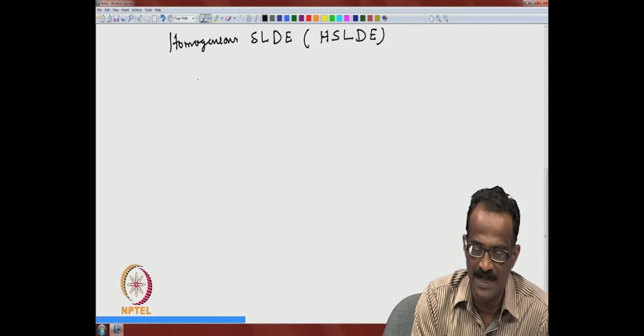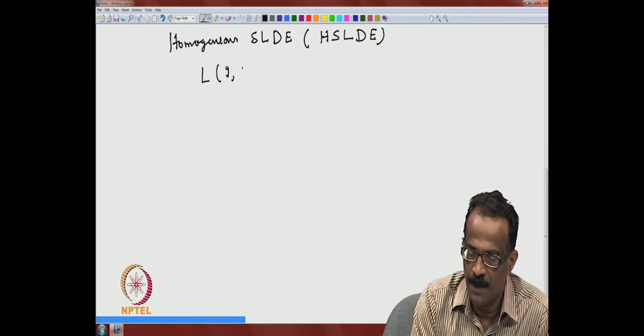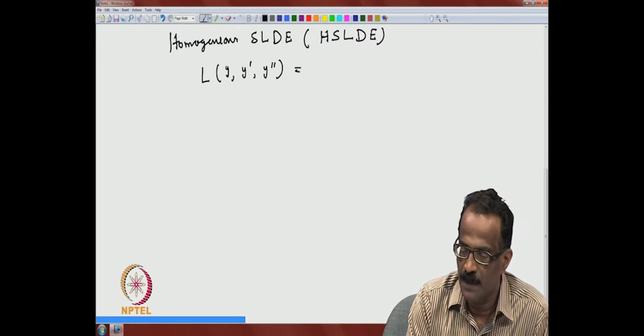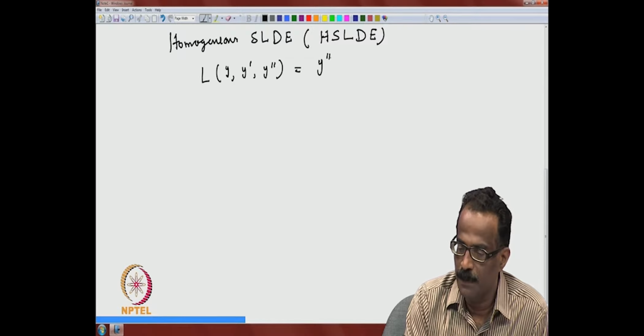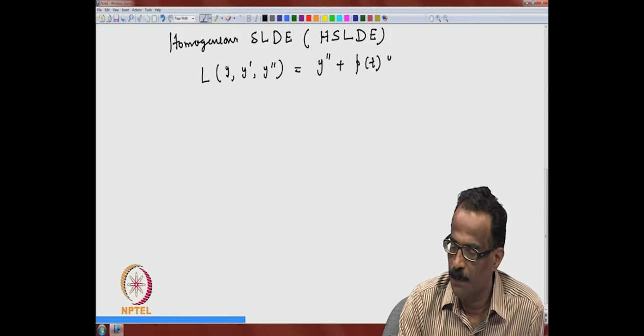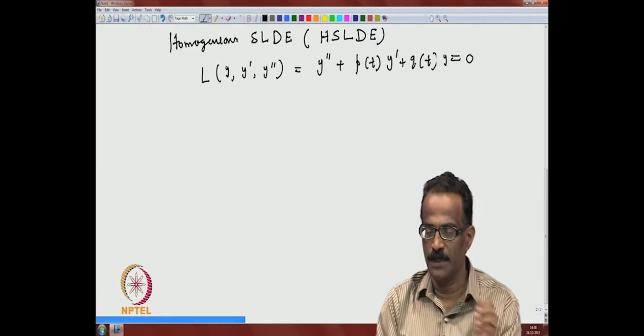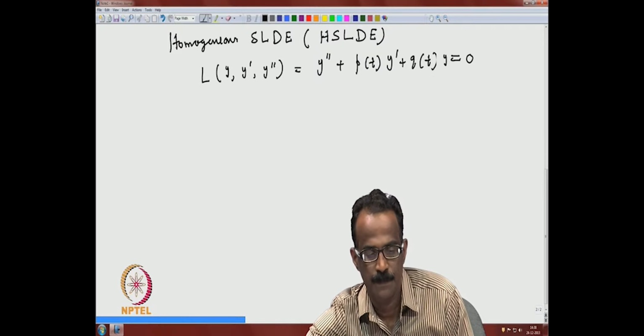Let me call it (1): L of y, y prime, y double prime is equal to y double prime plus p(t) y prime plus q(t) y is equal to 0. That is what we are going to study.